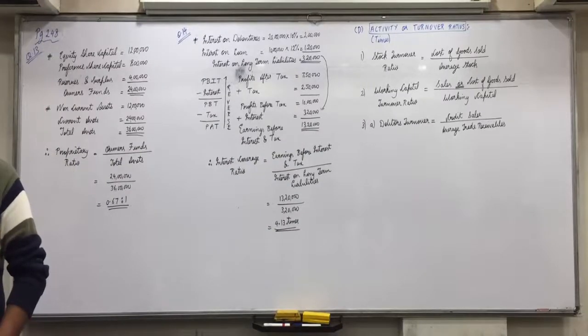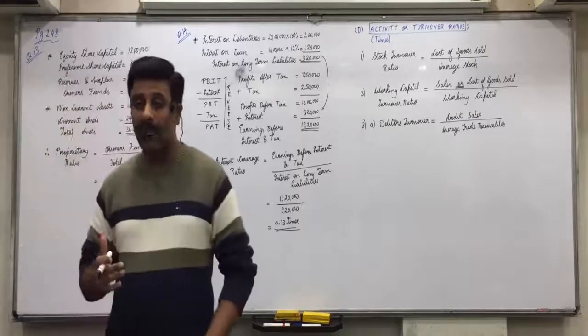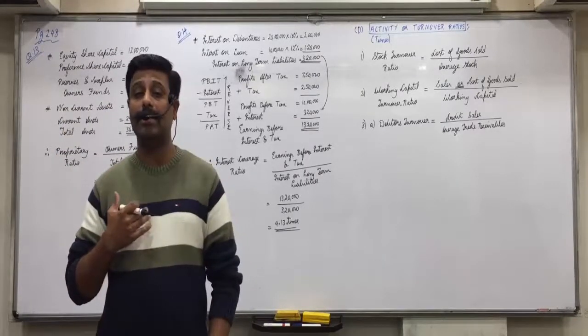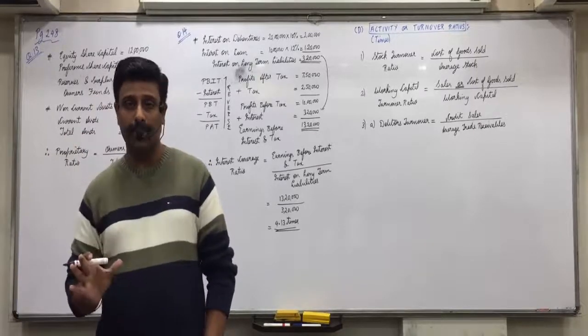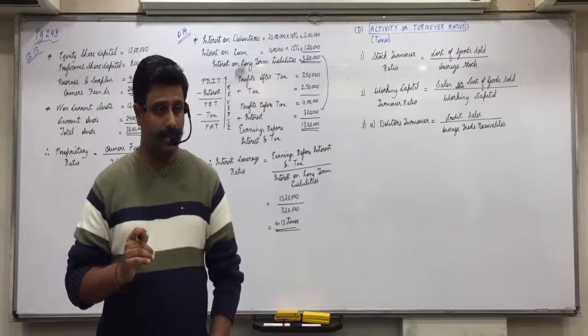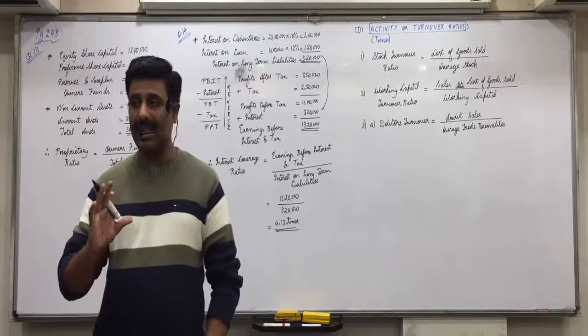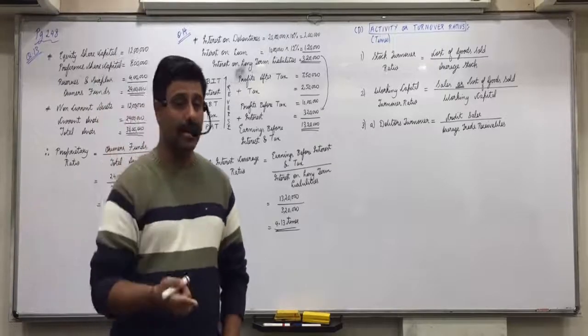Debtors turnover is of no use in the business. Why we find debtors turnover is to know in how much period we recover the money from debtors. So for example, suppose debtors turnover comes 6 times. Means in the year you are selling the goods to the debtors 6 times in a year.